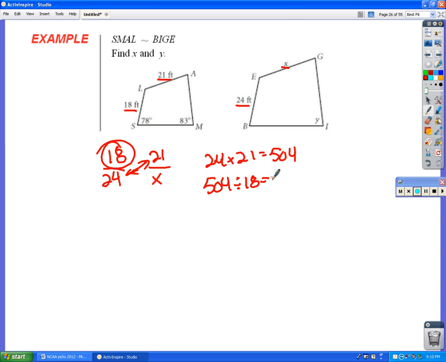So I'm going to divide that by 18. So 504 divided by 18 is 28. So X equals 28. And then Y is an angle, so that's even easier, because the angles of similar shapes have to be the same. So if this is 83, then that also has to be 83, and I am done.